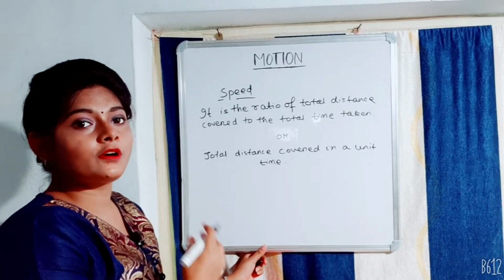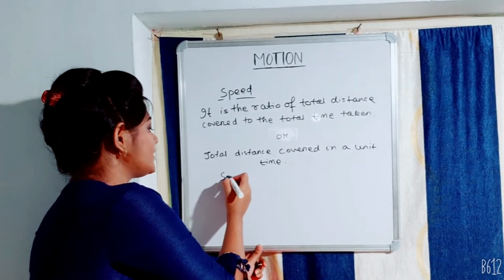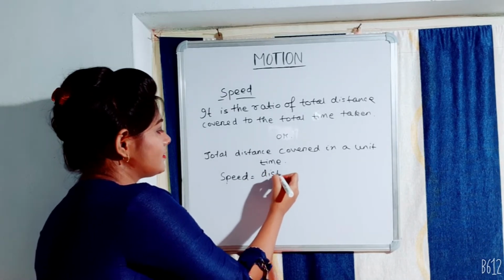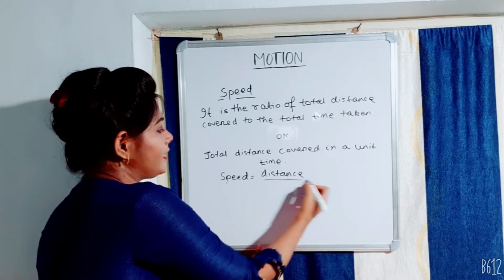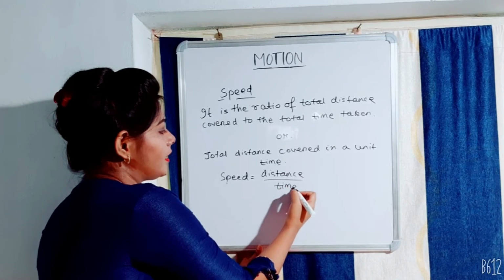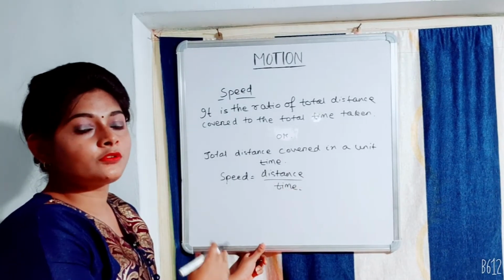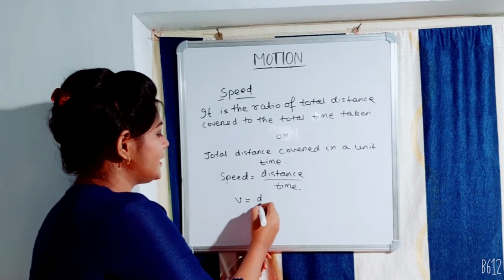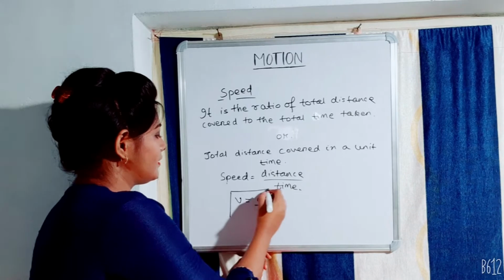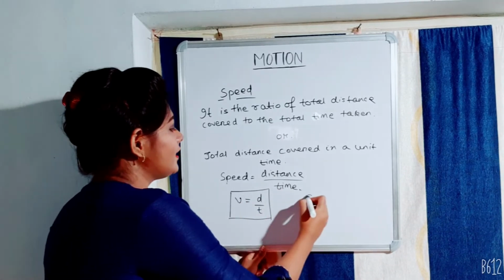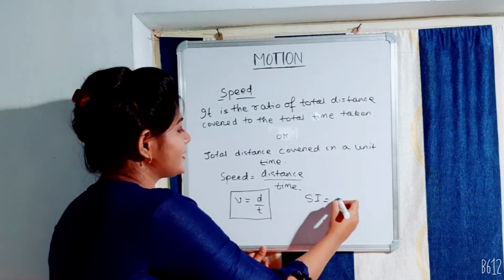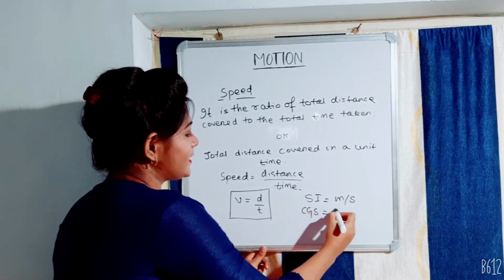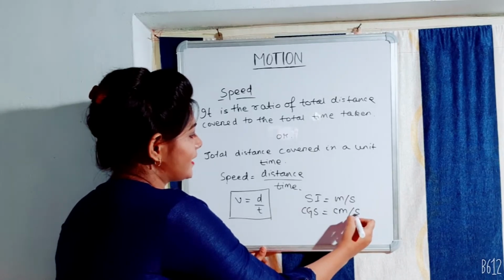So the formula for speed is equal to distance by time, and the symbol used for speed is small v, which is equal to d by t, and the SI unit of speed is meter per second and CGS unit for speed is centimeter per second.